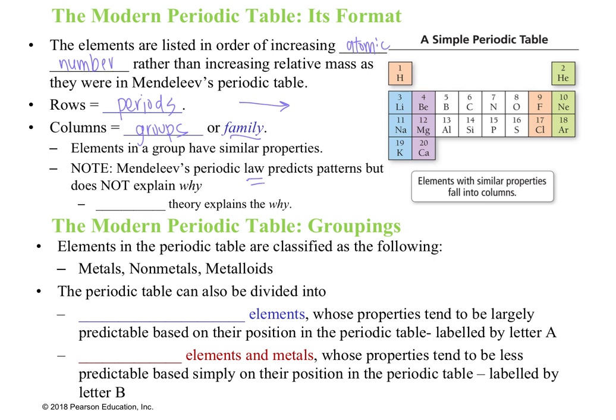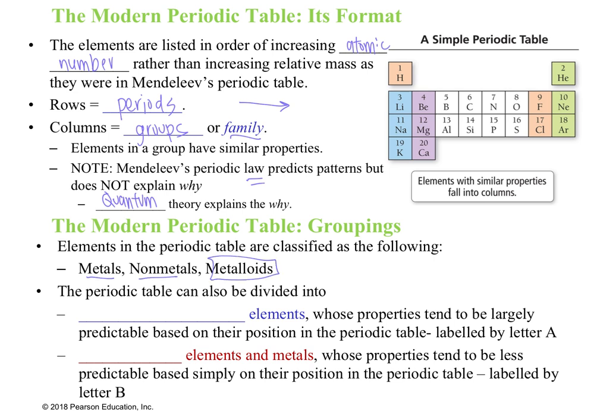And what we just learned last class, that quantum theory, helps us to explain the why behind these trends that we see. So we have different groupings on the periodic table, and it's actually very sophisticated for how common it is. We classify elements as metals, nonmetals, and metalloids, which have properties of both.